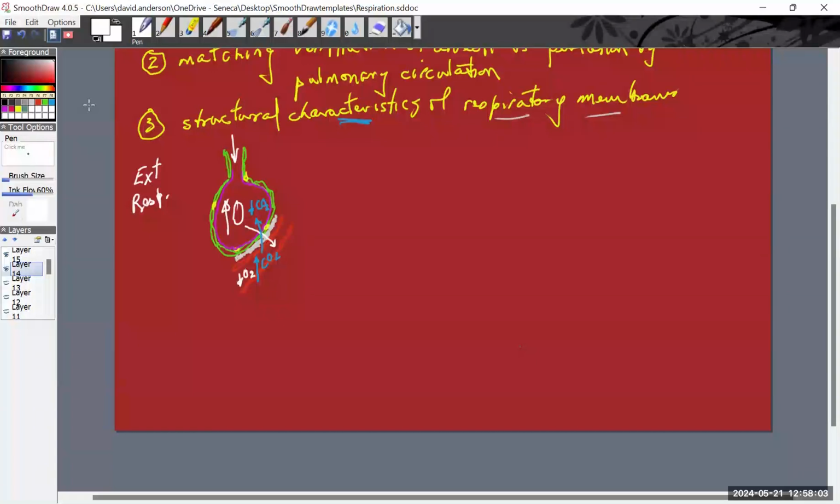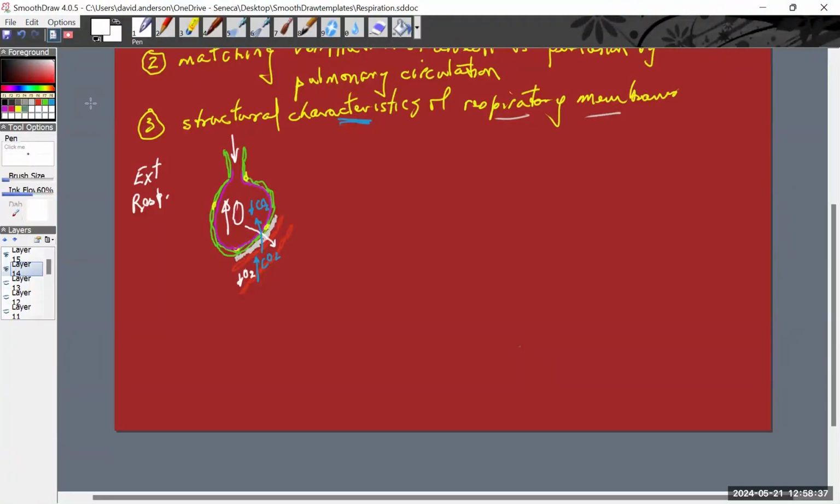So when this oxygenated blood that is highly enriched with oxygen goes back into the system, the oxygen goes to the alveoli. Where does the exchange take place, the alveoli or the pulmonary capillaries? In the pulmonary circulation, the exchange occurs in the pulmonary capillaries, correct?